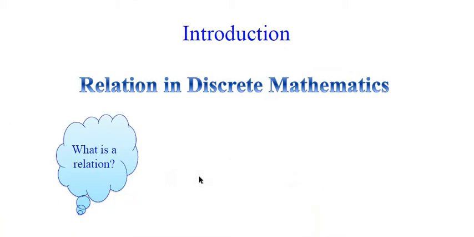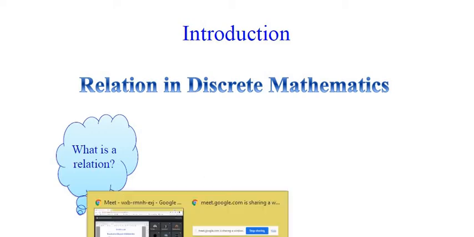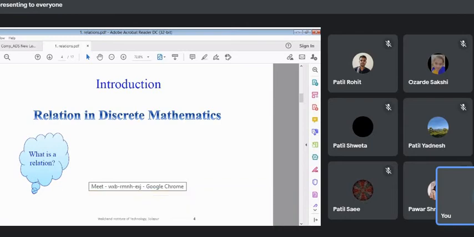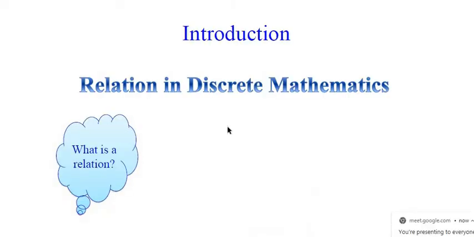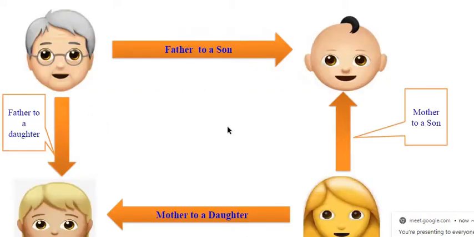Yeah. So we'll start with relations. What is a relation? That is what we call discrete mathematics relation. Now here you can see a relation, that is a family example.